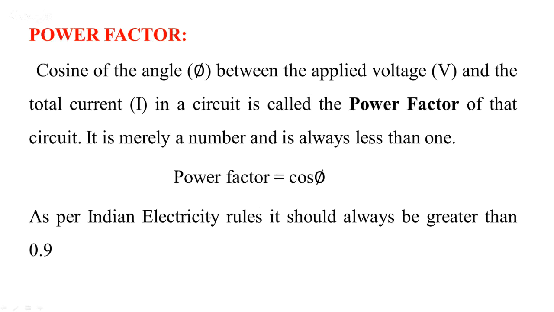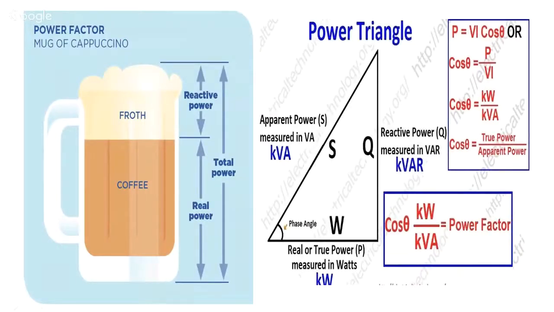As per the Indian electricity rules, it should preferably always be greater than 0.9 and it is always less than 1. Now, we have to understand what this power factor is.